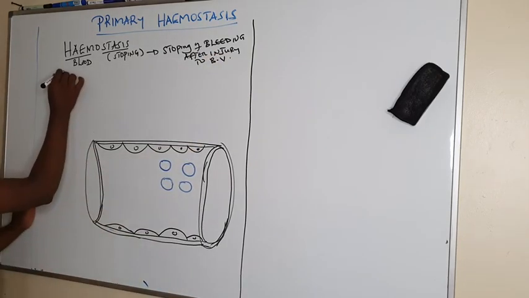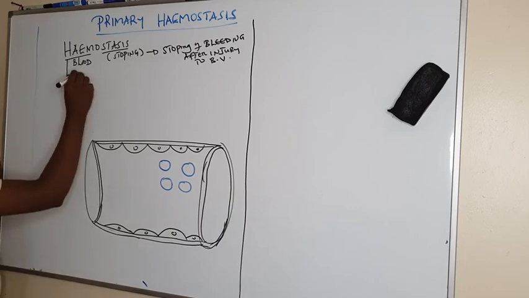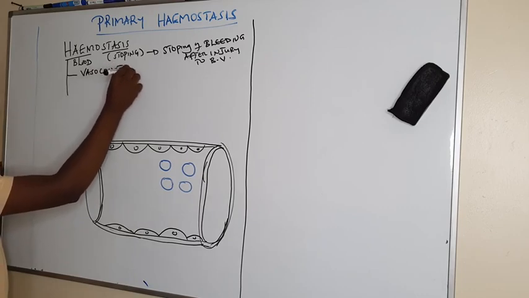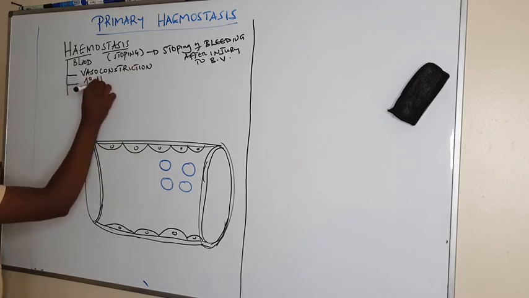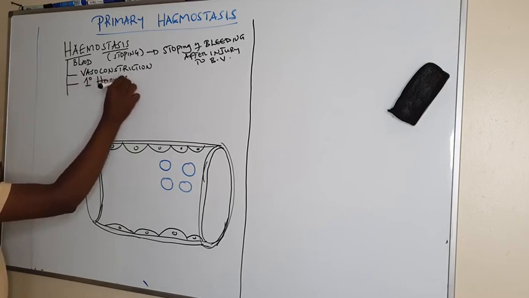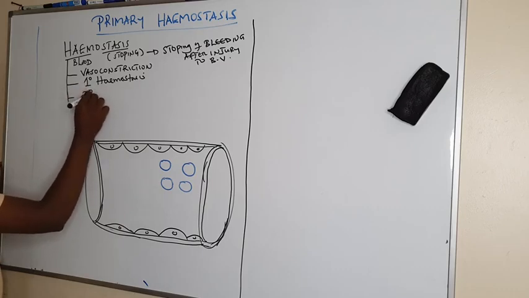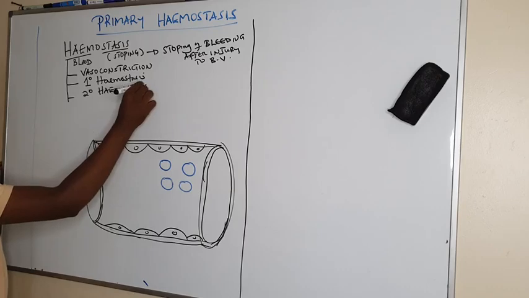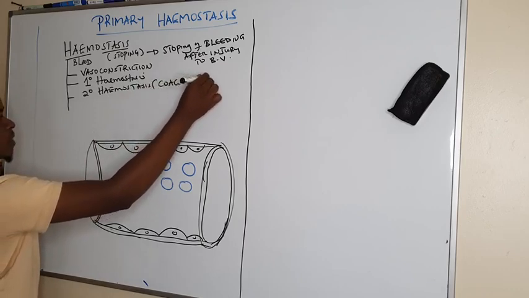And there are many processes which occur under hemostasis, whereby we have vasoconstriction, followed by primary hemostasis. Then there is secondary hemostasis, which we normally regard as the coagulation cascade.